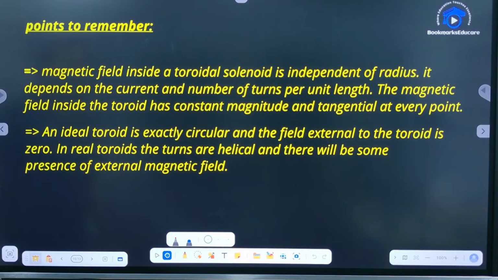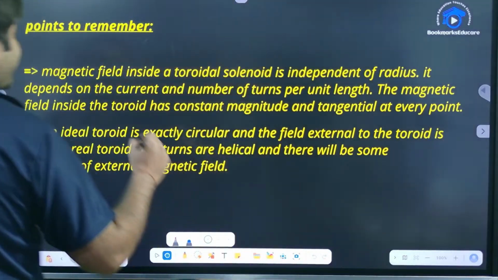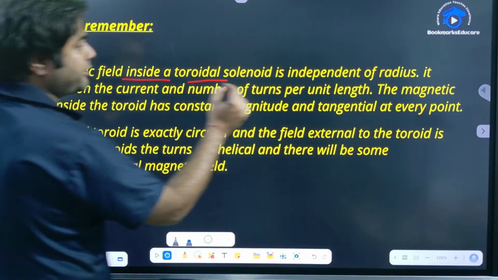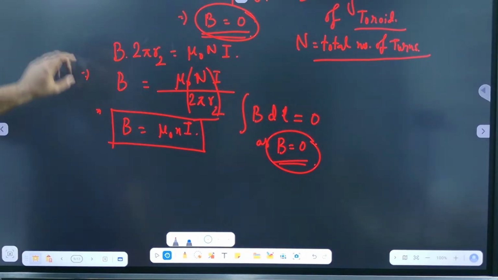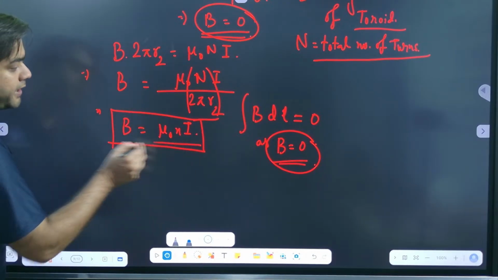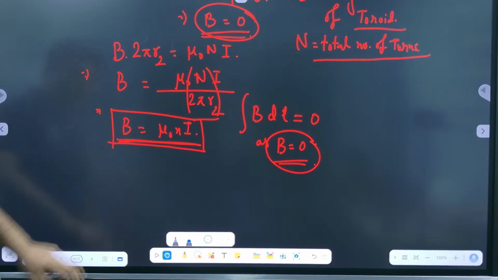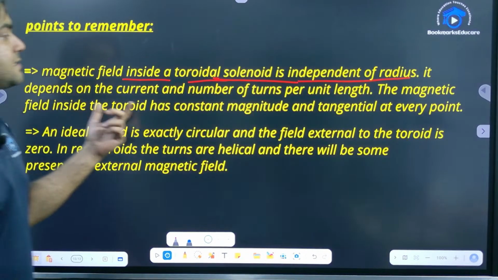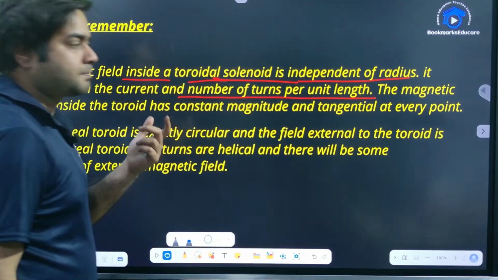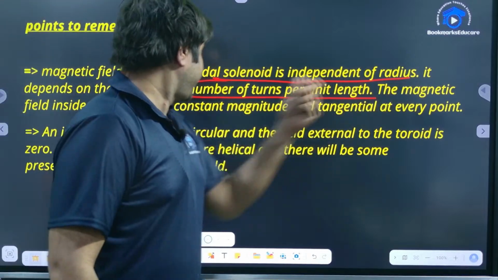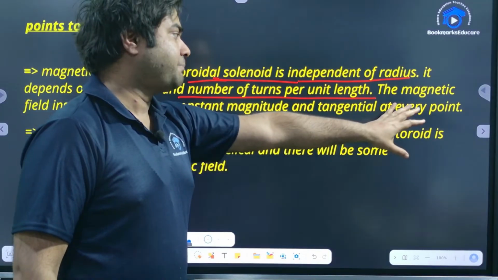Now there are certain points that you have to remember regarding the toroid. Look, the magnetic field inside a toroidal solenoid is independent of radius. See what I have written here, in this form there is no radius term, r2 independent, and this depends on the number of turns per unit length, right? The magnetic field inside the toroid has constant magnitude and is tangential at every point.